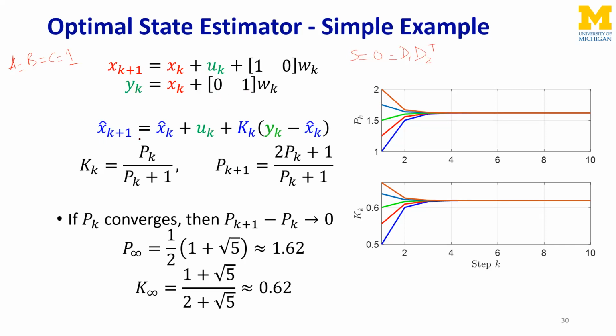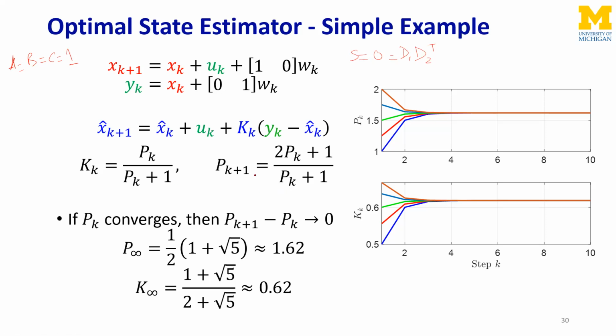Anyways, this is my estimator. Once I have all these values set in my gain expression, the gain ends up being this quantity here, and the state error covariance is propagated using this equation. Because of these simplifying assumptions, the equations I showed you in the previous slides simplify to these simple expressions.